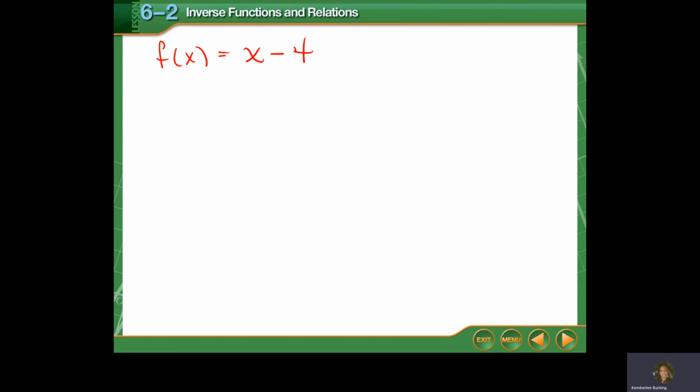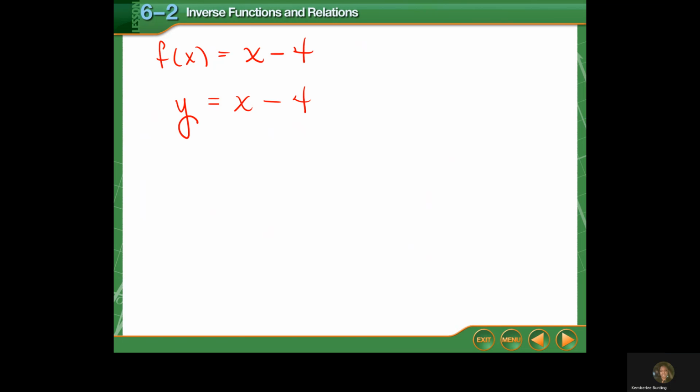I'm about to show you how to find the inverse no matter what. Right now, this function is written in function notation, f(x) equals x minus 4. But I'm going to replace the f(x) with y. y equals x minus 4, same thing. The function evaluated at x is the same thing as the value of y when x is whatever. Same difference.